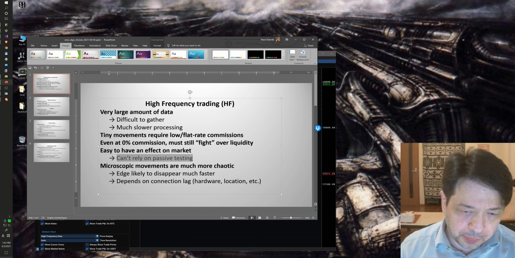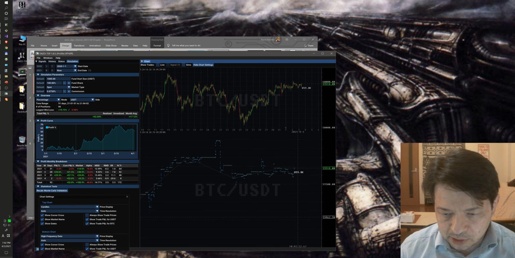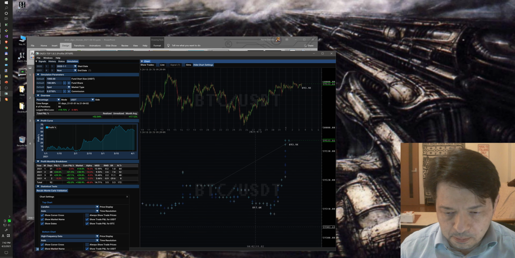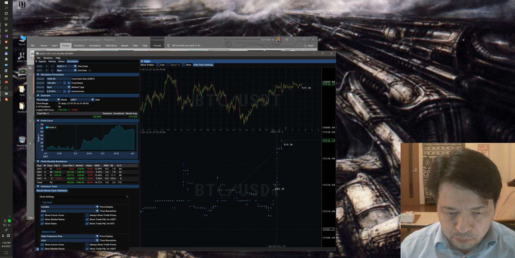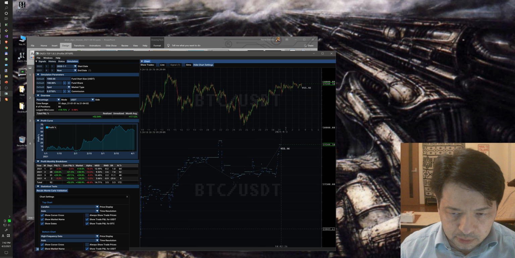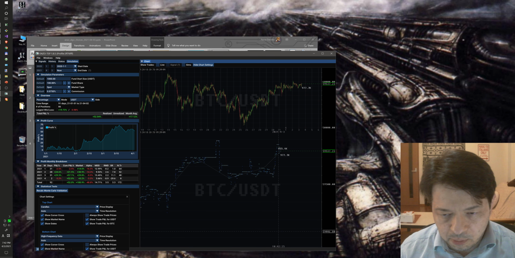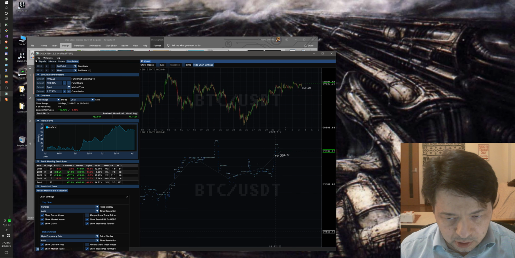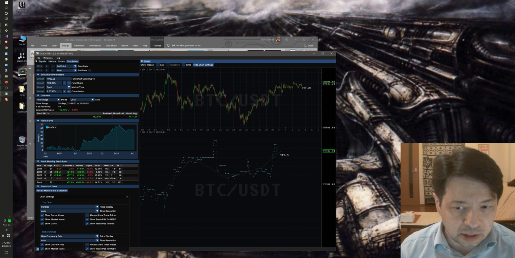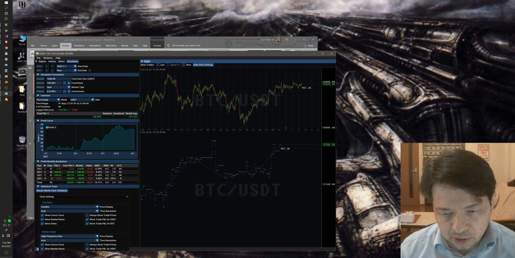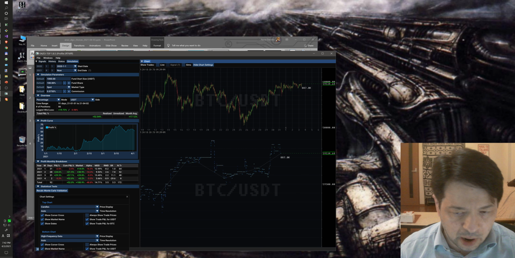And in general, microscopic movements are just more chaotic, as it can be seen here. They are in many ways much more random than a movement over 1 day, 1 month, or 1 minute. So they're automatically harder to make sense of, although one could find a pattern even at this level.